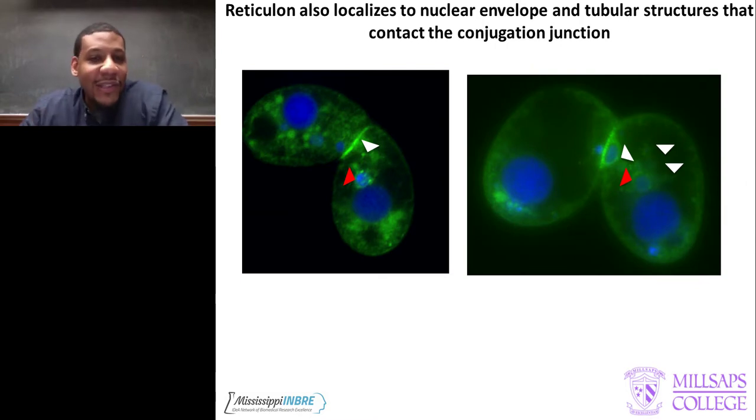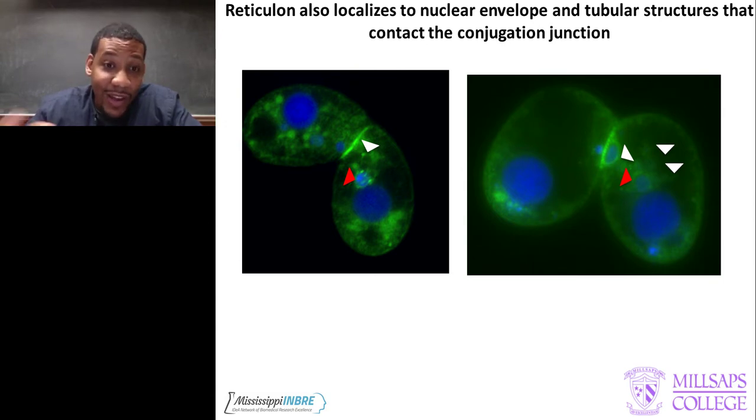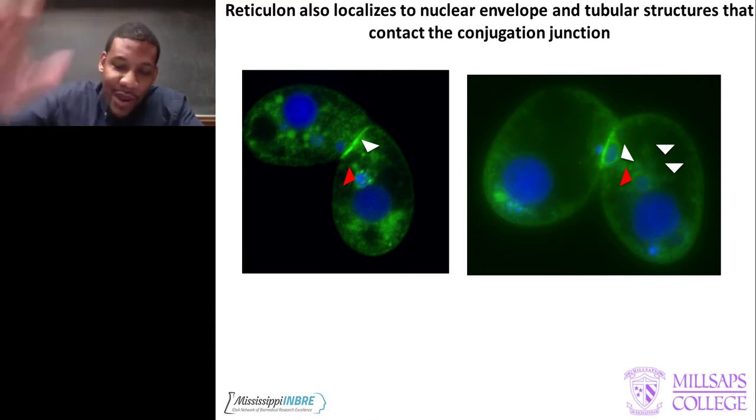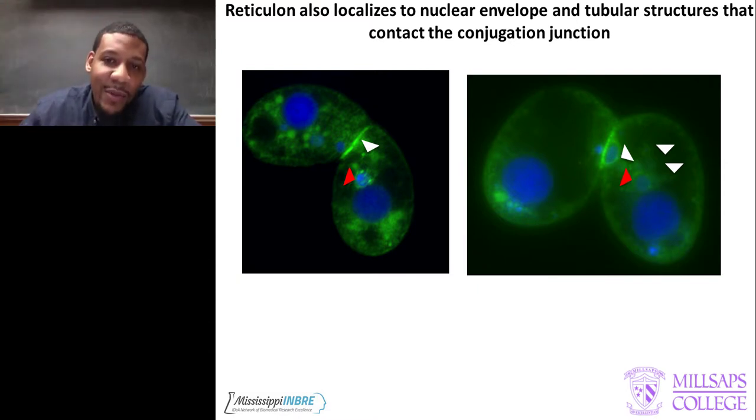To see that, let's look at two higher magnification examples. So again, here you see the micronucleus, the nuclear envelope perhaps, or some membrane around the micronucleus being labeled. And then you also see labeling at the junction, as well as these tubular-like structures, okay?